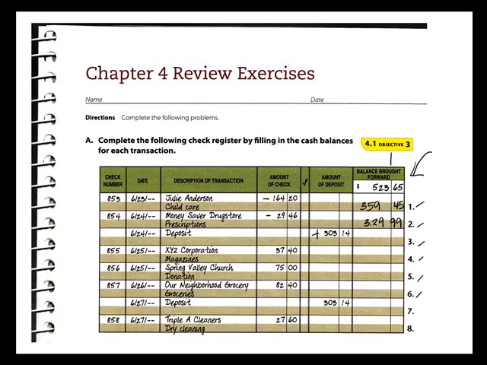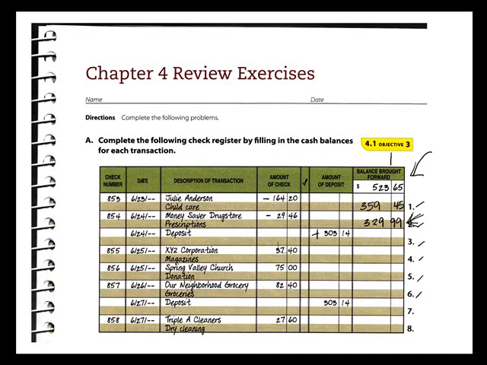You may have a different personal preference, but either way is correct as long as your very last total that you have there represents the balance that you have in your checking account. When you're finished with this sheet, you're out of room. You will take whatever balance is at the bottom and you'll pull it back to the top of the first page so that you can continue to calculate. Again, either way is correct.